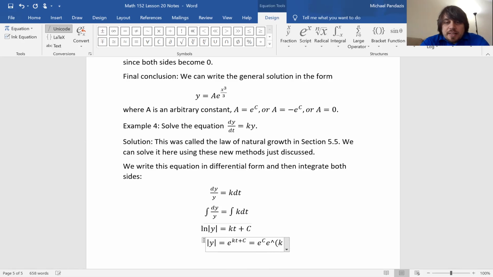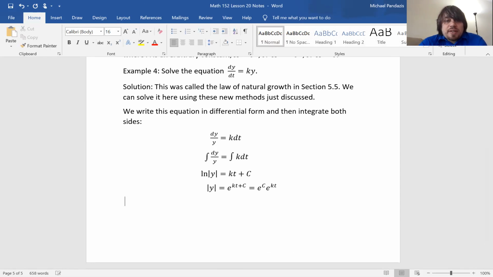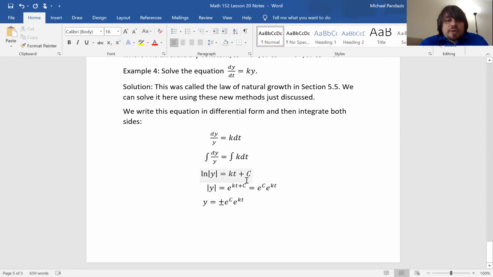So we have the absolute value of y is equal to that, which means that y is equal to plus or minus e to the capital C, e to the kt. And y equals 0 is also a solution. So y equals that, or y equals 0.